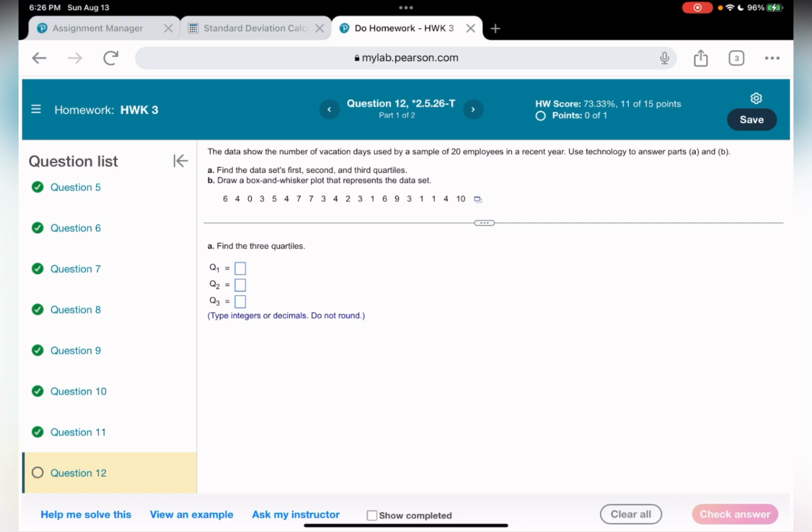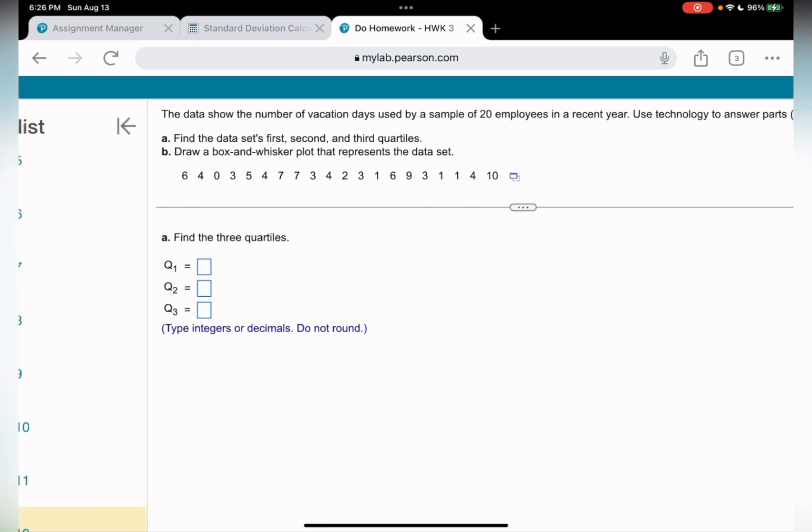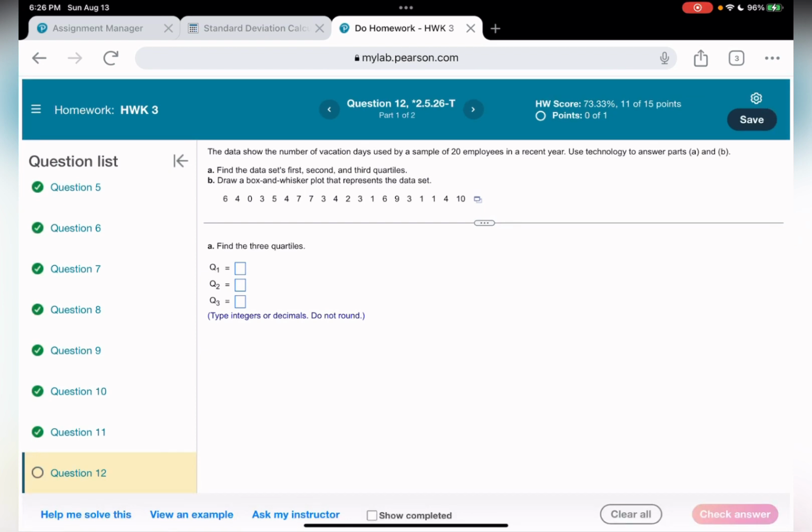I guess we already covered how to find Q1, Q2, Q3. Let me explain to you. I'm not going to sit and calculate this at length, but I'm going to explain. How many elements do we have? 1, 2, 3, up to 20.